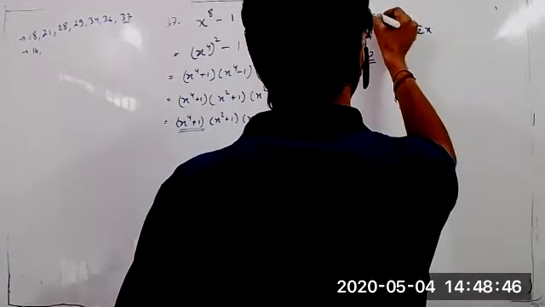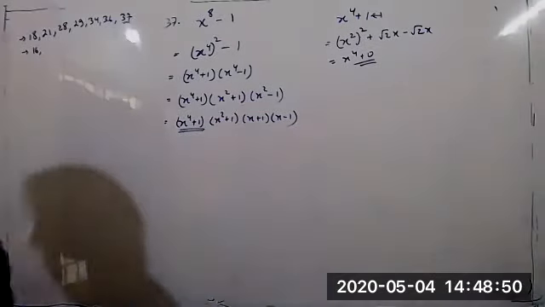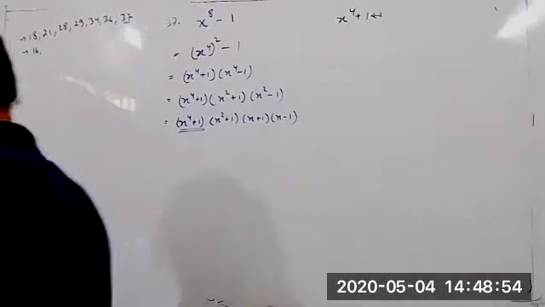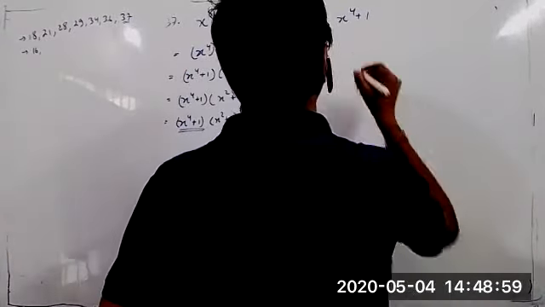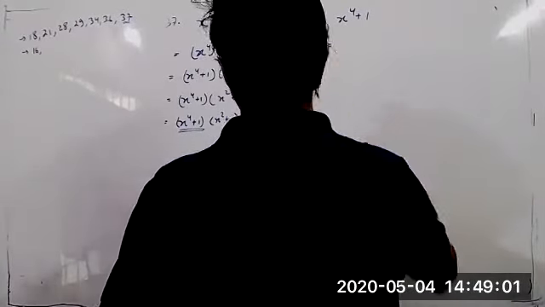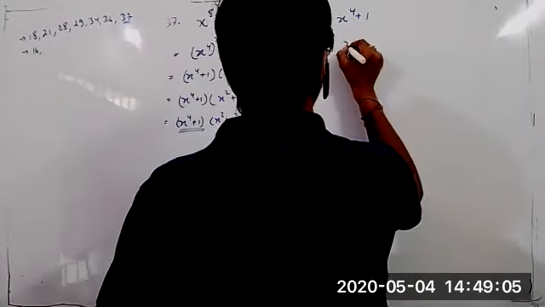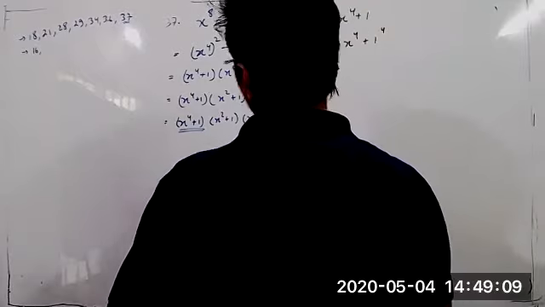But this is... Sir, I can try. Yes, that's what I'm asking you. Give a try. Whole square. Come again? Sir, should we apply the formula of x to the power 4 plus y to the power 4? Tell me.